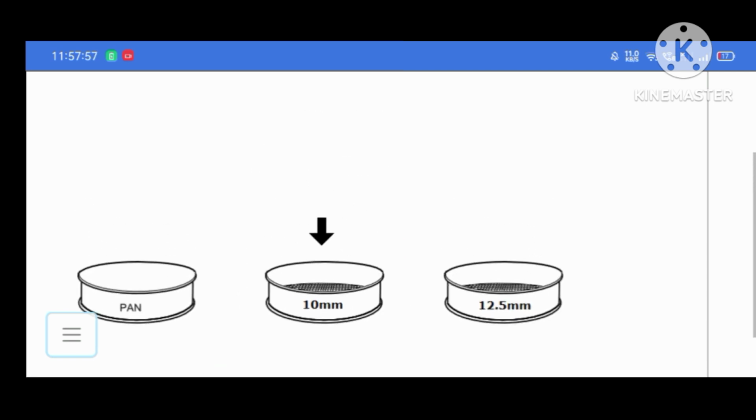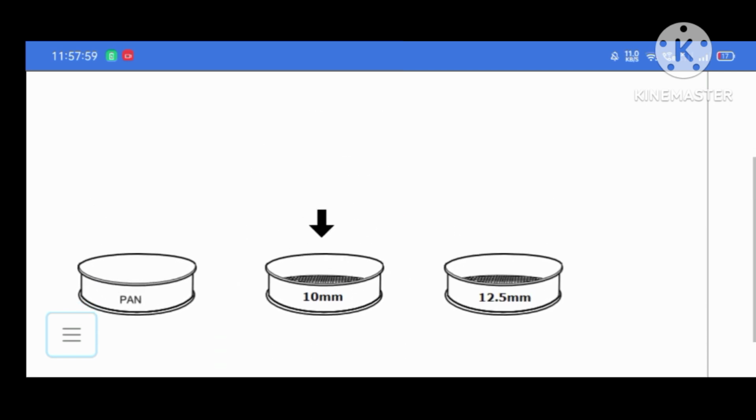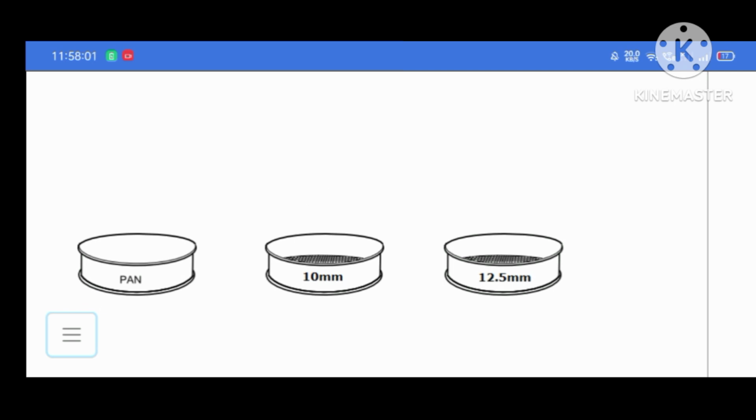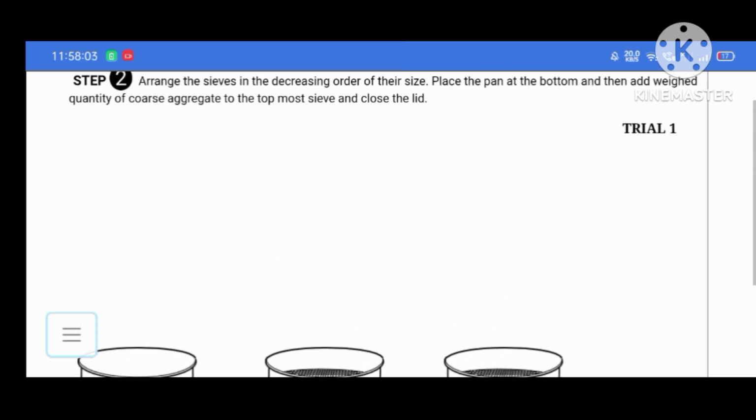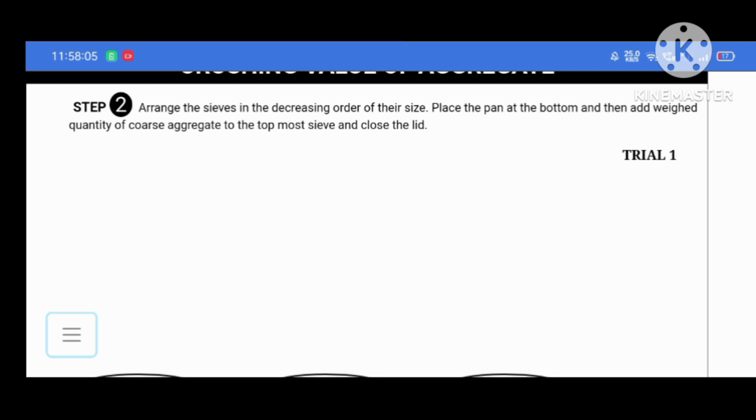We have two sieves of size 10 mm and 12.5 mm, and a pan. If you go through the steps, we arrange the sieves in decreasing order of size. Place the pan at the bottom and then add the weighed quantity of coarse aggregate to the topmost sieve and close the lid.